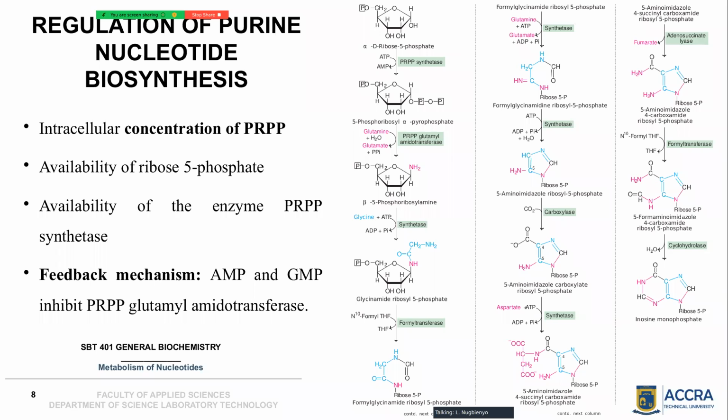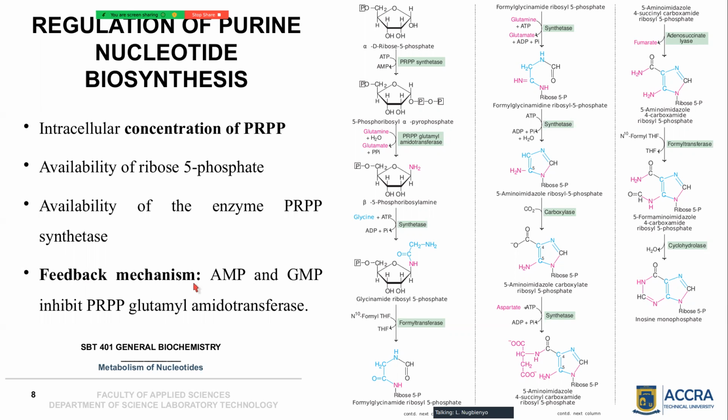How is that regulation done? Now, many of these reaction pathways are regulated by what is referred to as the feedback mechanism. It's a negative response which will cause the reaction path to stop. So what it means is this.